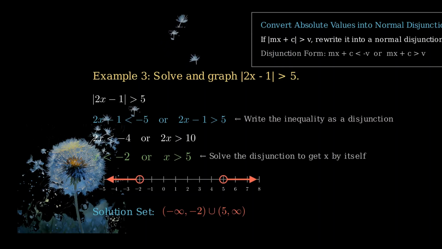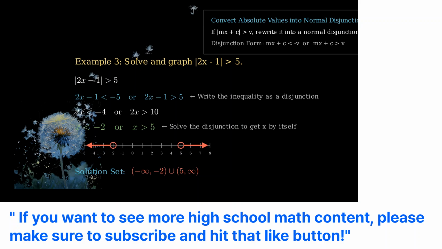Our solution set in interval notation is the union of open interval negative infinity to negative 2 and open interval 3 to infinity. On the graph, we place open circles at negative 2 and 3 and draw arrows pointing outwards to both sides.